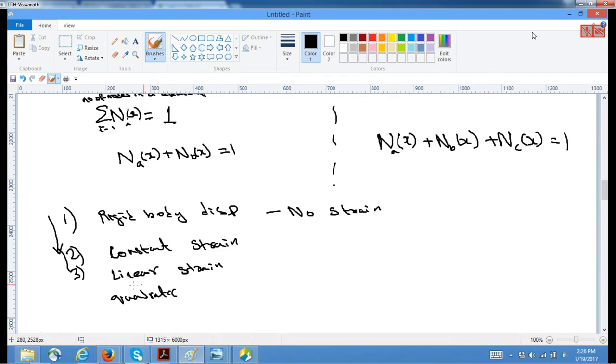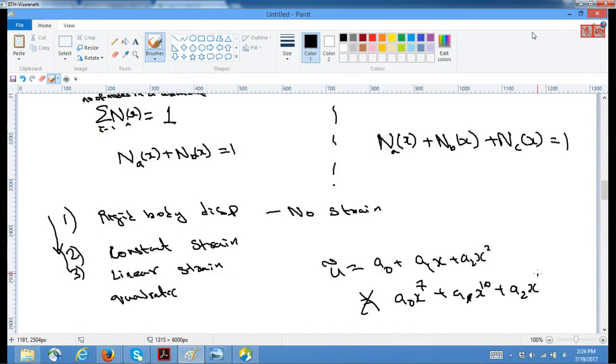So your u tilde has a naught plus a1x plus a2x square. Something like a naught plus a1 x to the power of 7 plus a2 x to the power of 15 is not a good option, because it will not give you an increasing fashion.